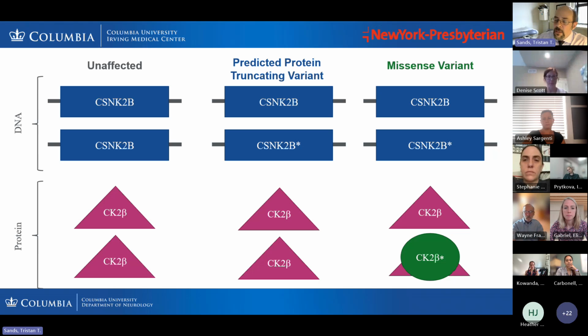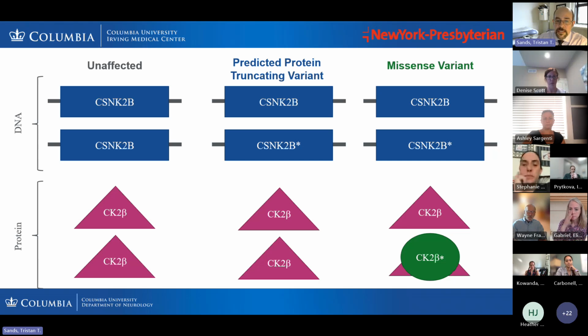The variants that cause disease in CSNK2B do different things. On the left side, you see what happens in most unaffected people. We have 2 copies of CSNK2B, and it makes a full complement of the CK2 beta protein below. So 2 copies, twice the amount of CK2 beta.